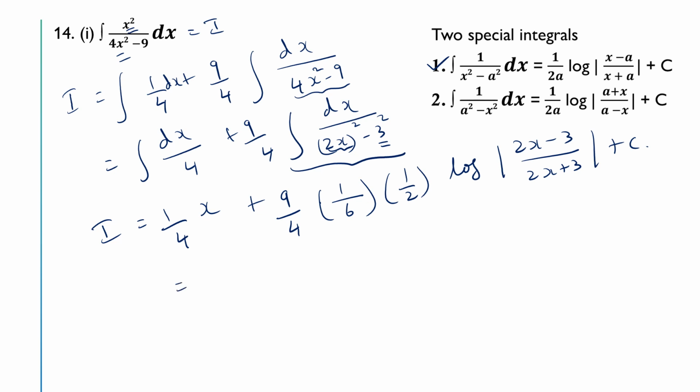So this is equal to x by 4 plus we have 3 by 16 log mod 2x minus 3 upon 2x plus 3 plus c.